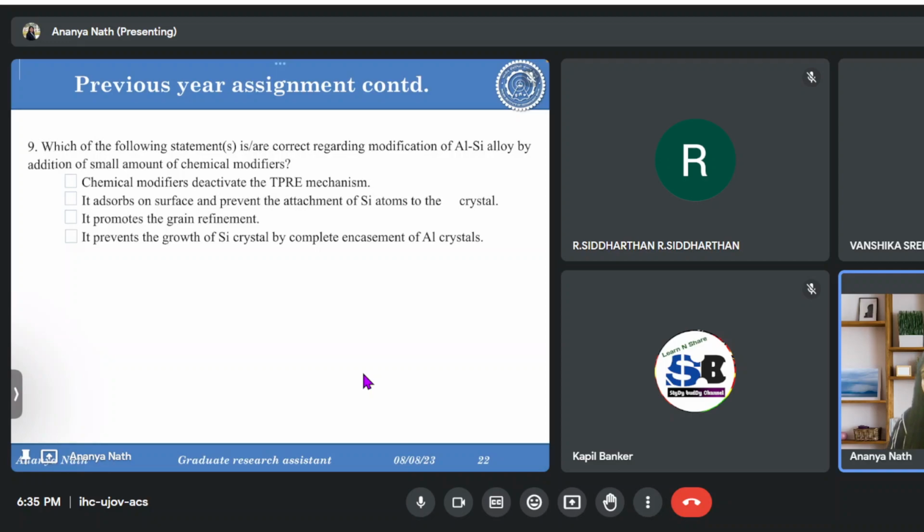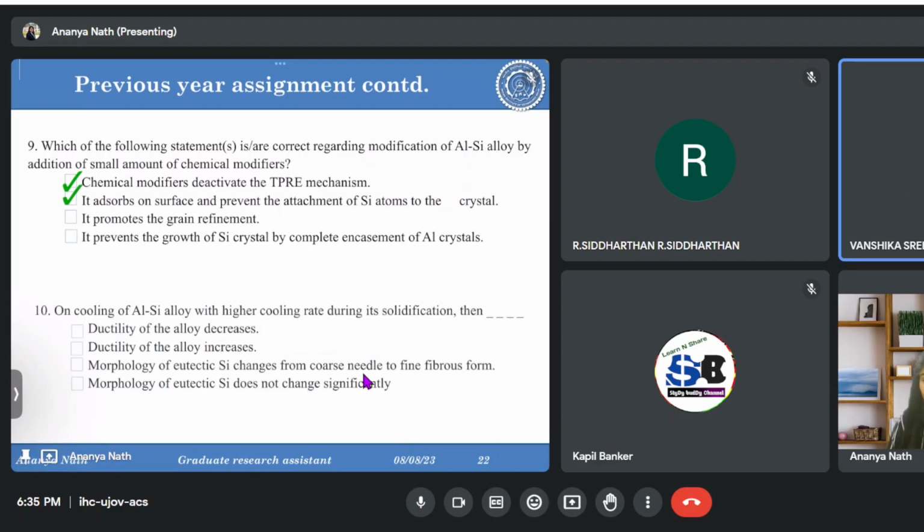Okay. So next question is, which of the following statements are correct regarding modification of aluminum silicon alloy by addition of small amount of chemical modifiers? Let's see. The first, second, and I guess the third also. Only the first, second. The chemical modifiers deactivate the TPRE mechanism.